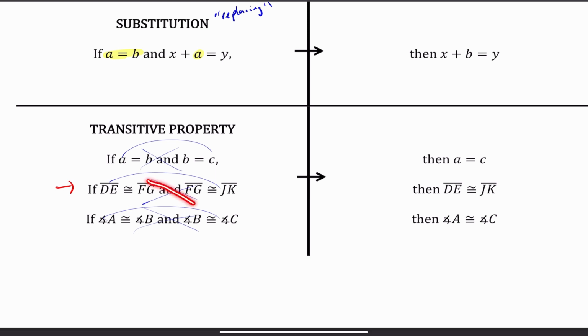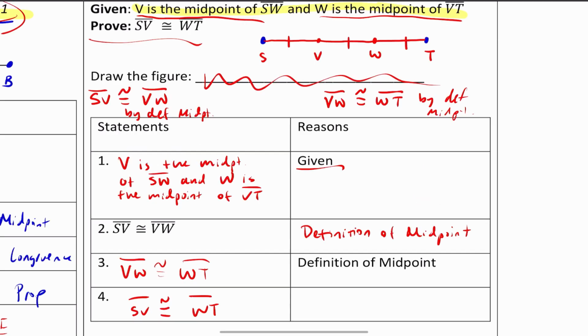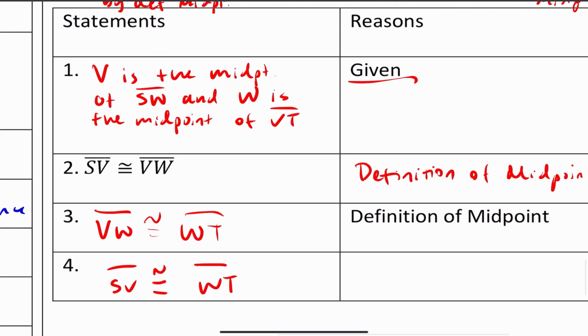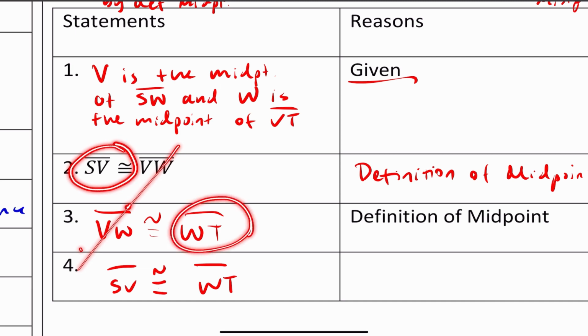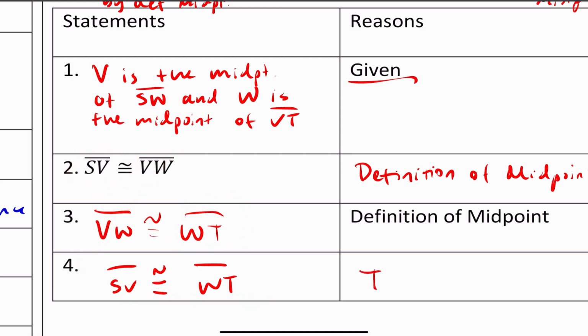So if I go back, well, segment SV is congruent to segment VW, and segment VW is congruent to segment WT. Whew. Look at that. Segment SV is congruent to segment WT by the transitive property.